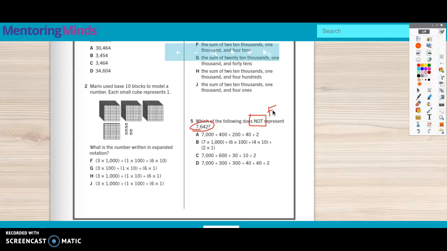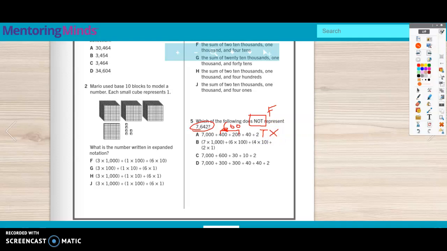A said 7,000 plus 400 plus 200 plus 40 plus 2. I know if I group my hundreds together, 400 plus 200 is 600. So I have 7,642. That would make the same number. That's a true statement, and that is not what we are looking for. Exit out.